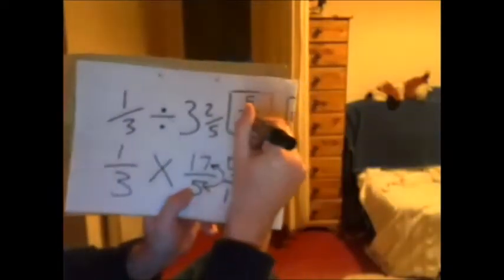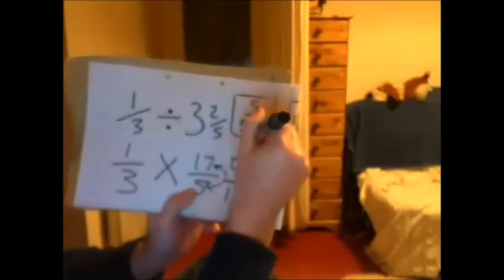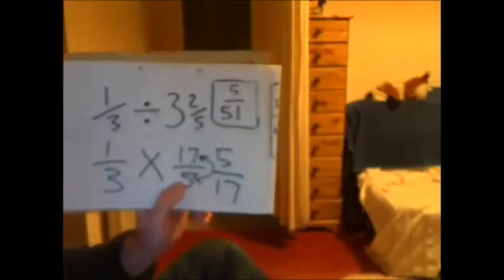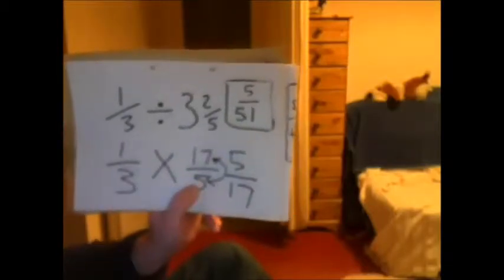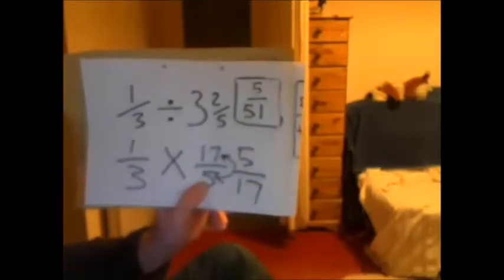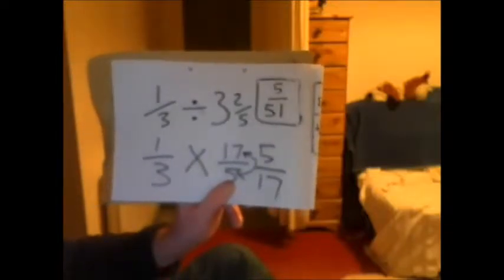Now, I'm not going to go through the procedure of reducing them, but I don't think we can reduce that one anyway. However, 5 over 51 is the right answer anyway. That is the answer when you say what is 1/3 divided by 3 and 2/5.